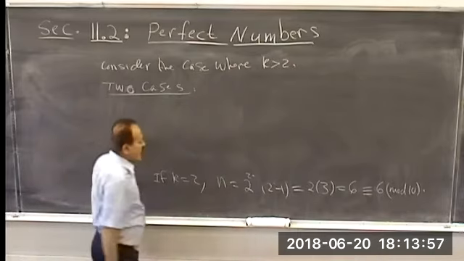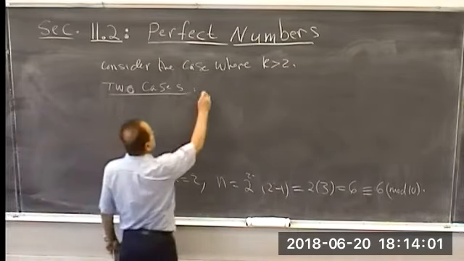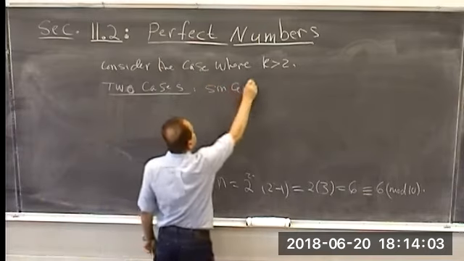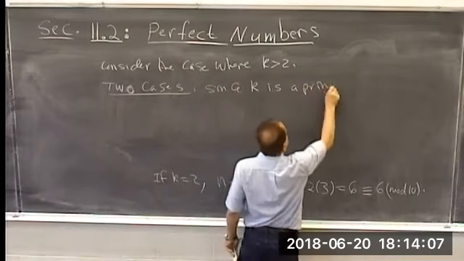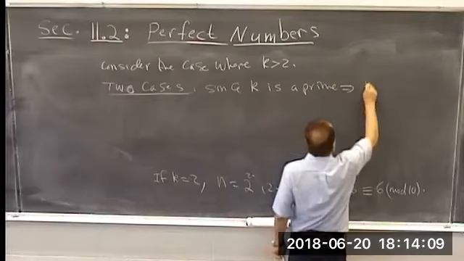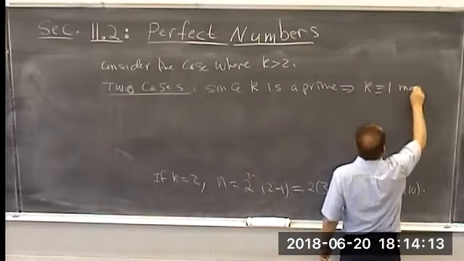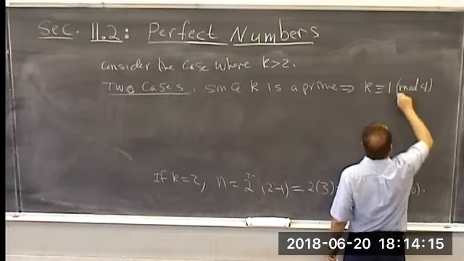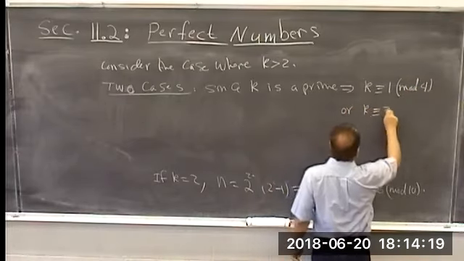Since k is a prime, this implies k is congruent to 1 mod 4, or k is congruent to 3 mod 4.